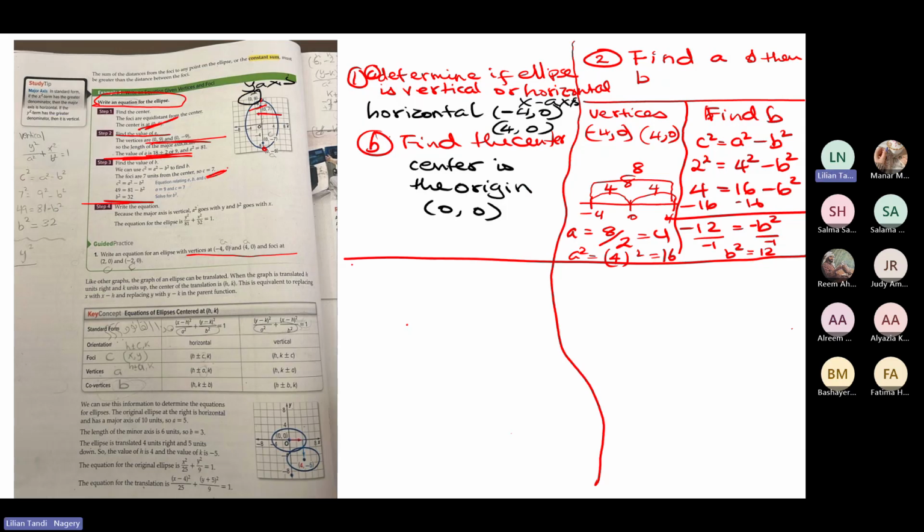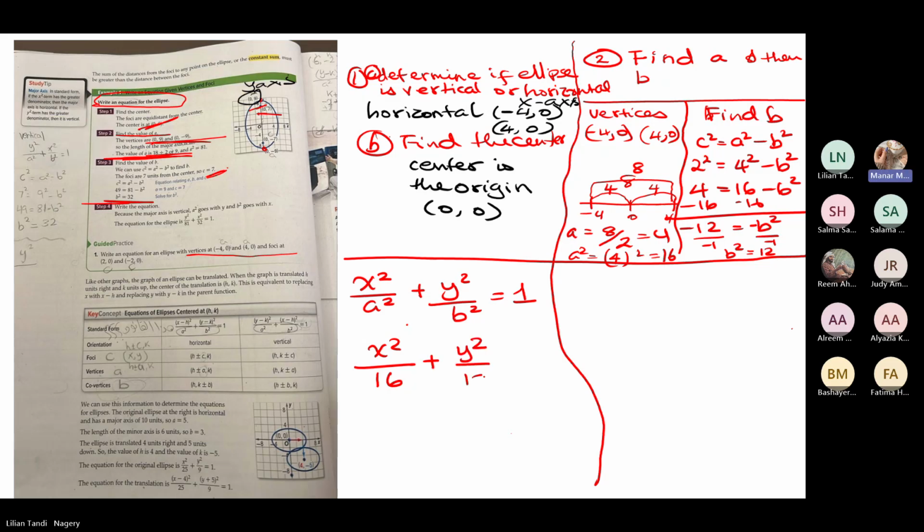Now write the equation. What's the equation? X squared over A squared plus Y squared over B squared equals 1. X squared over 16 plus Y squared over 12 equals 1.